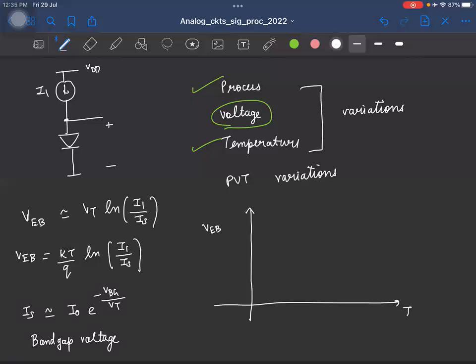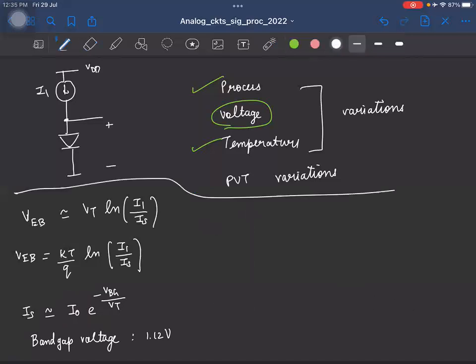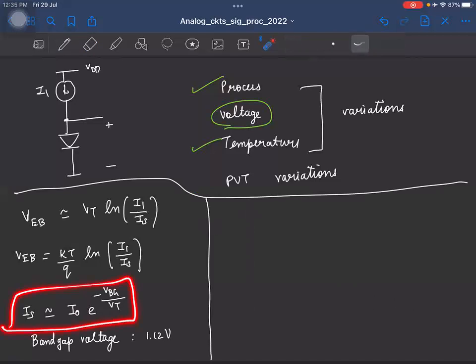Roughly 1.1. And of course, this I0 itself is dependent on temperature, but for simplicity and first order calculations, let's say we ignore that, right? So let me erase this probably. So now if I try to plug in this expression of IS in here, what do I get for VEB?